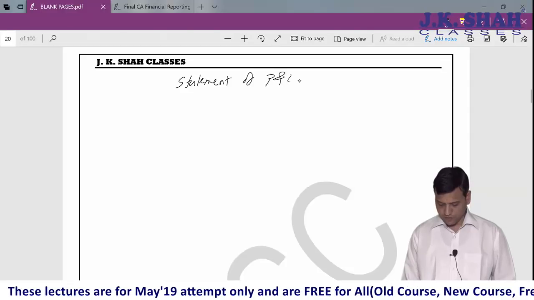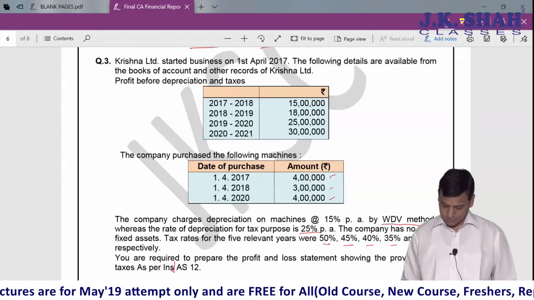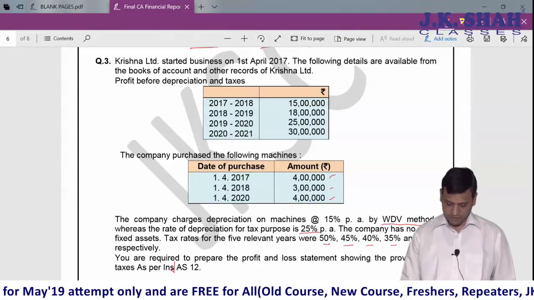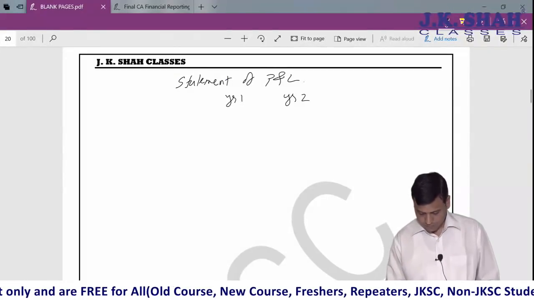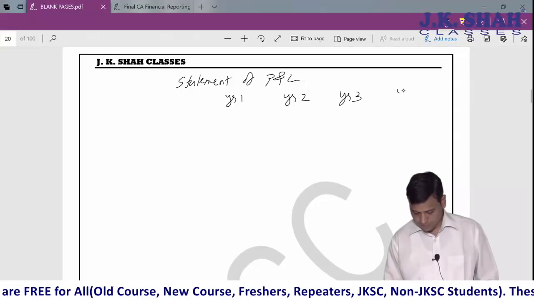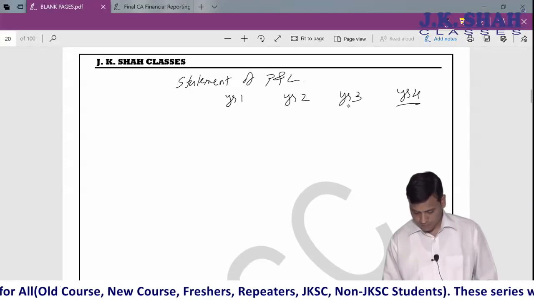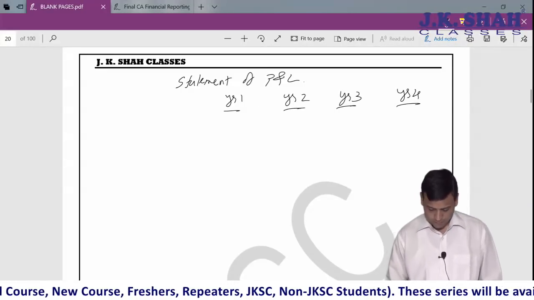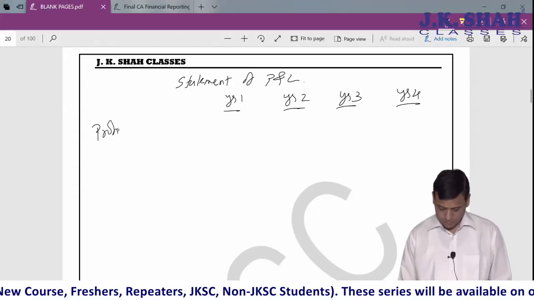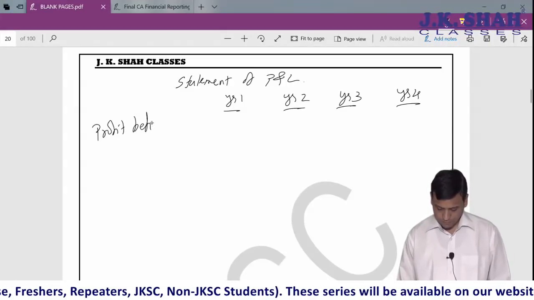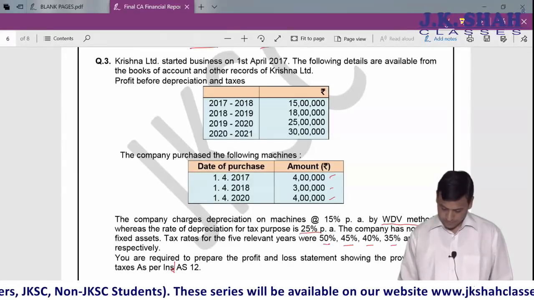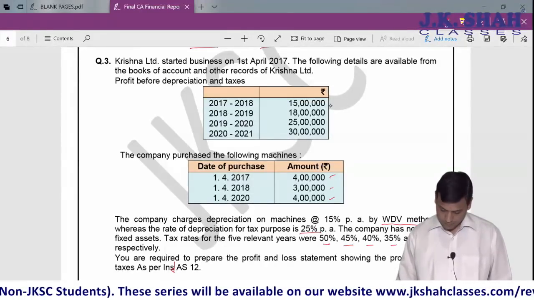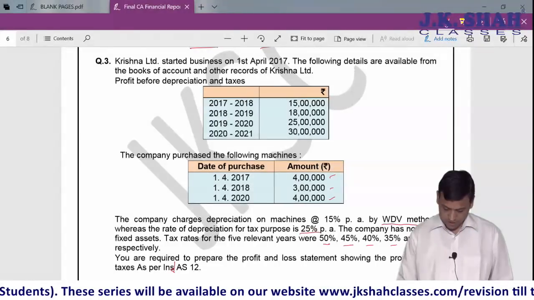Statement of profit and loss. Profit is 15, 18, 25, 30. Profit before depreciation 15, 18, 25.